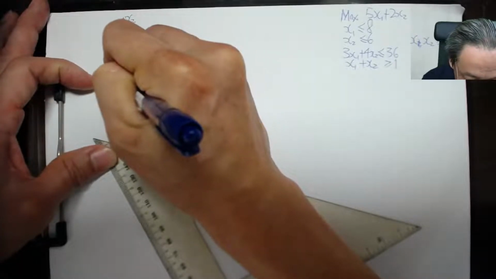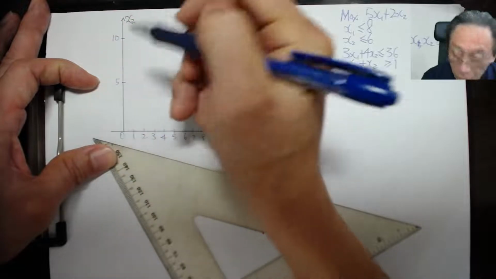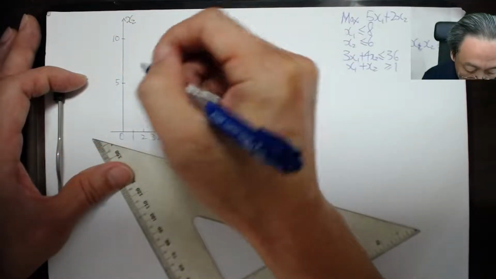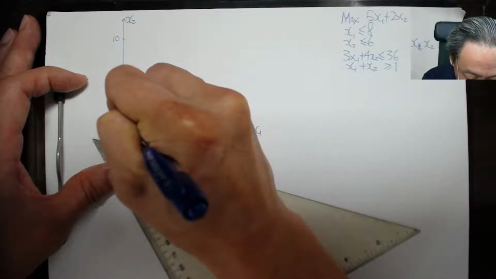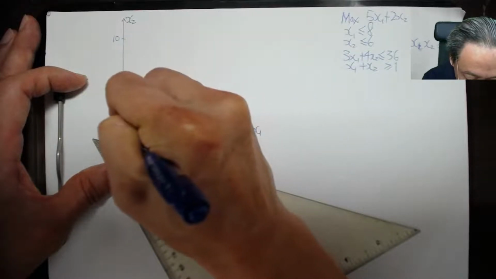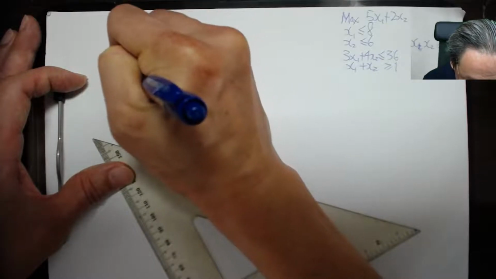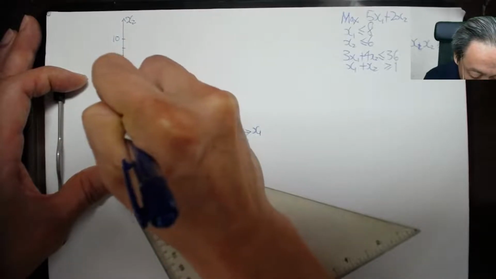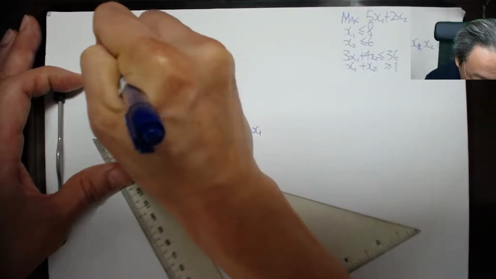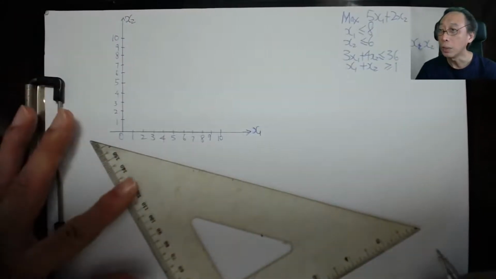You see, I don't really use measurements, not just because I want it to be quickly done. I do use a ruler to make sure that the y and x axis are straight. But other than that, it is more an illustration to get an idea of how we can find the solution in graphical form.